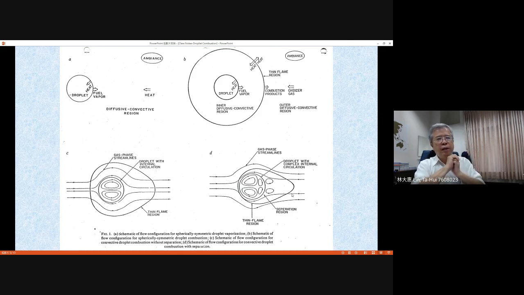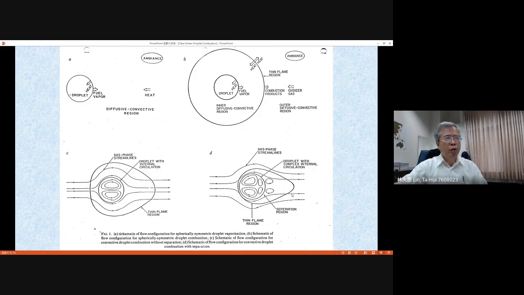The front flame will come closer to the liquid surface, and finally will be extinguished. Then the envelope flame will become the so-called side flame. Side flame means it stabilizes at certain regions in the surroundings without being attached to the front region. And this side flame cannot stabilize for long, then will be pushed to the downstream region and becomes a turbulent diffusion flame, because everything is mixed together based on turbulent mixing.